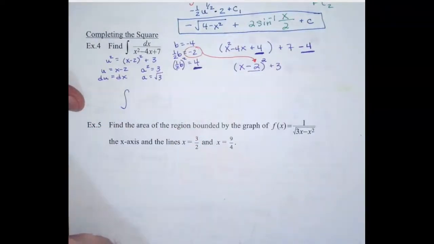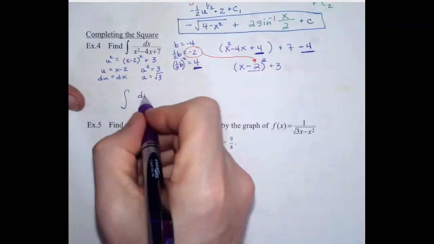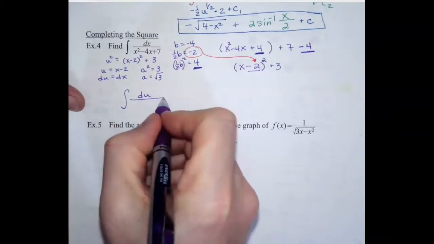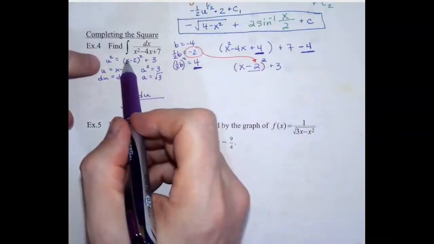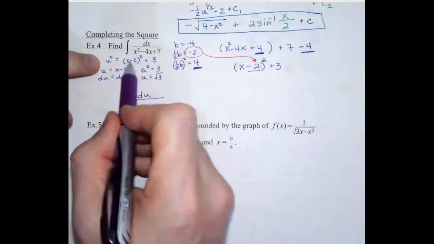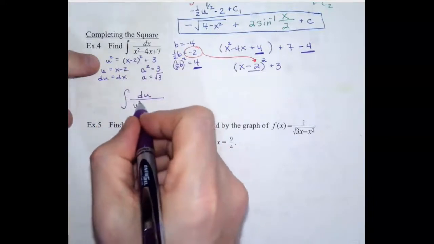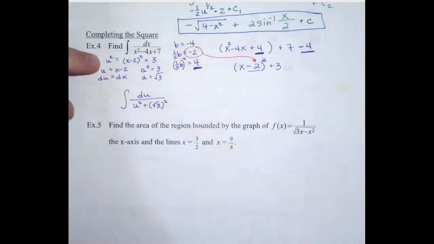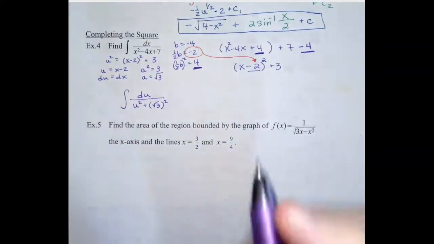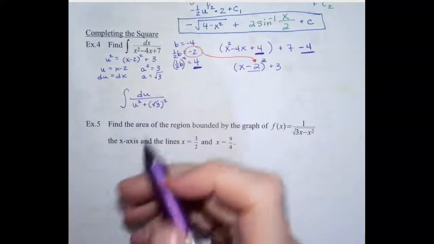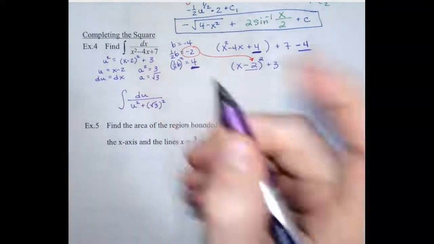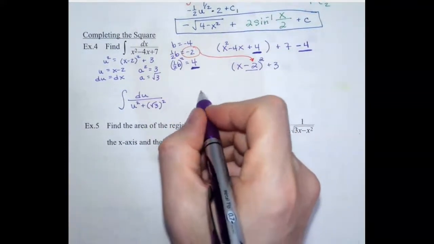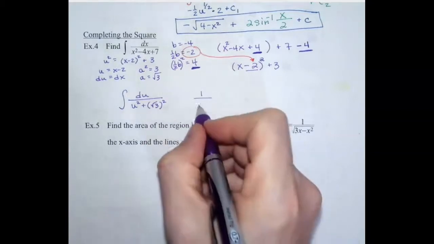Okay, so if we break that up using our values here, we would have du, and then down here, this would be u squared and plus root 3 squared. So hopefully you know what that is. That is, there's no square roots. So that's arctangent. So that starts off with 1 over a.